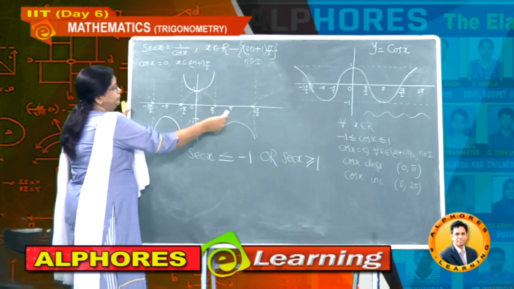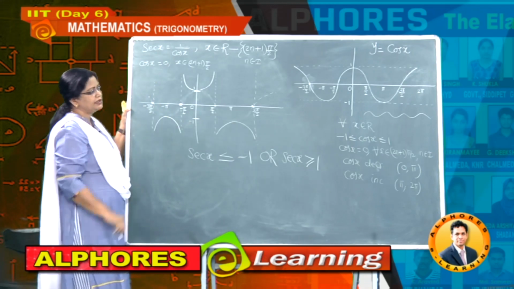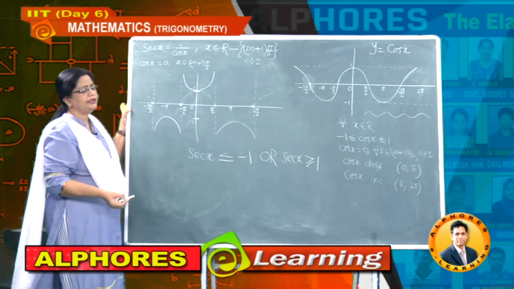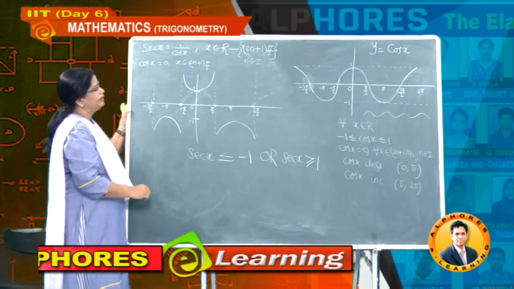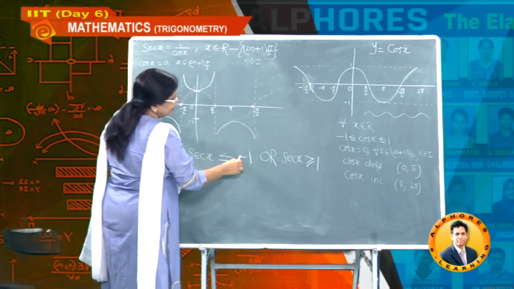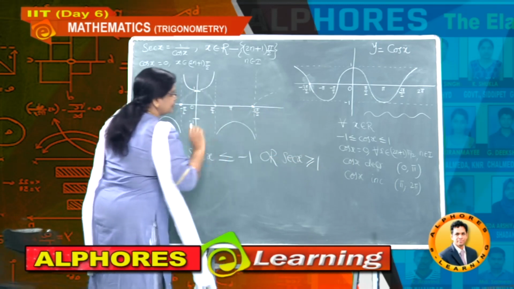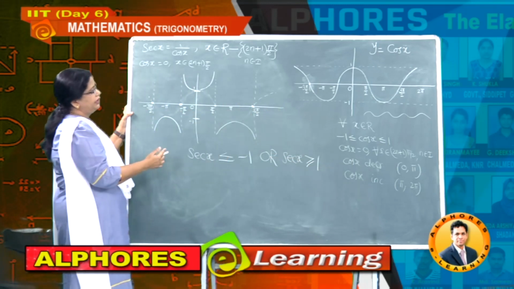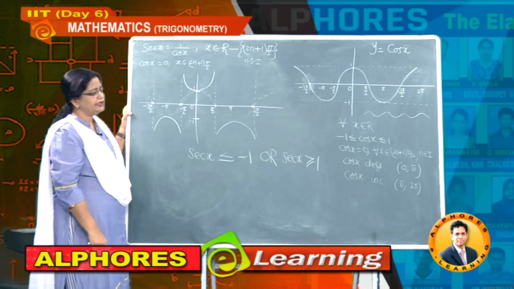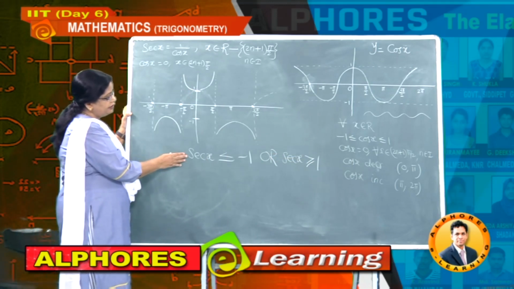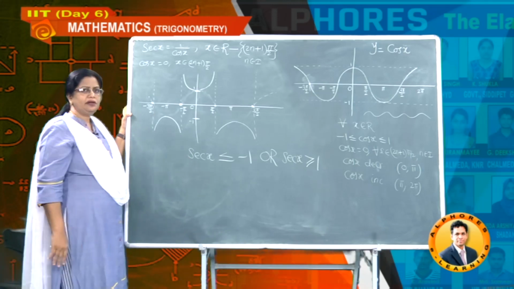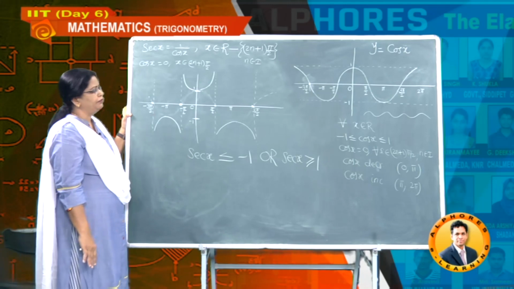Not only pi, if you take minus pi, again -1, and next if you take 5 pi, etc., again you will get -1. Similarly it can take +1 also, but it won't take any values in between -1 and +1, understand students? That means whatever secant x is taking, it is the same as our cosecant x graph also, understand?